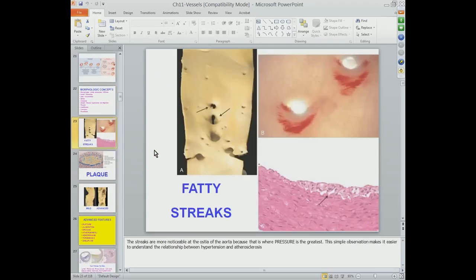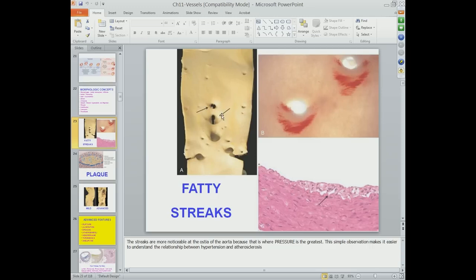Here's some nice pictures. This is a part of pathology you probably expected to see. Here is probably, I think, an aorta of a teenager. It looks pretty nice. But do you see how it's a little more yellow, like along here, and especially near the openings of the large elastic arteries?